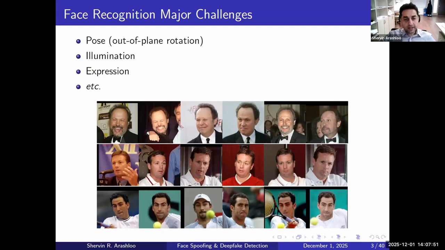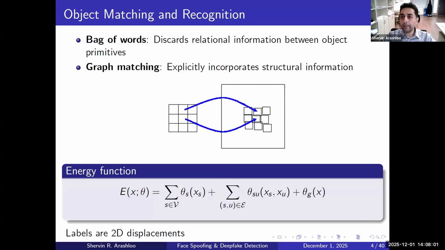So it is basically an instance from a computer vision perspective, an instance of object recognition, which in general, we can consider as matching a pair of images using smaller components, which are referred to as primitives in the literature.